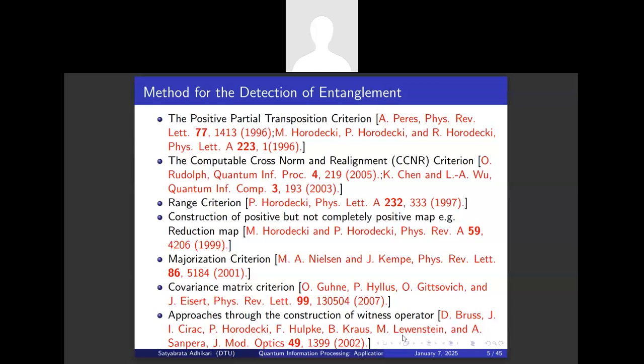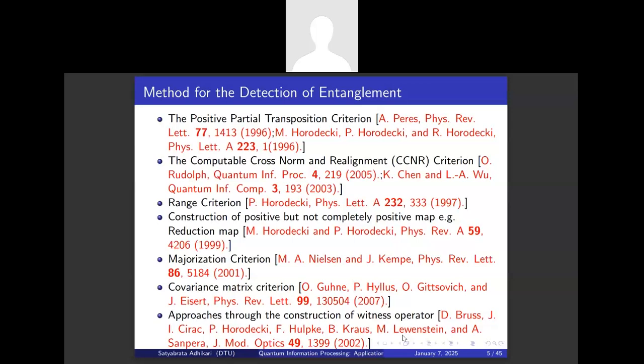Okay, how to make it a completely positive map, because a positive map which is not completely positive can detect entanglement. But if we make the positive map and also do something on the positive map so that we can realize it in an experiment, then we have to perform some operations on the positive map.